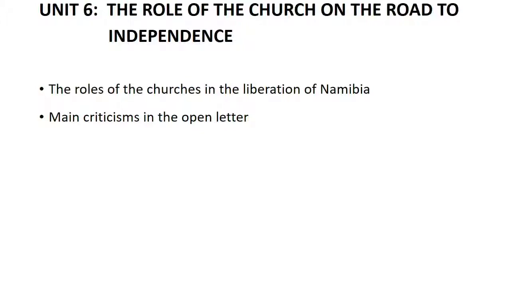The next point to focus on is the main criticisms in the open letter. We should look into that. As we know, the open letter that was sent to South African authorities contained some important information, and this information was then set out as criticisms by the local people of the South African government.